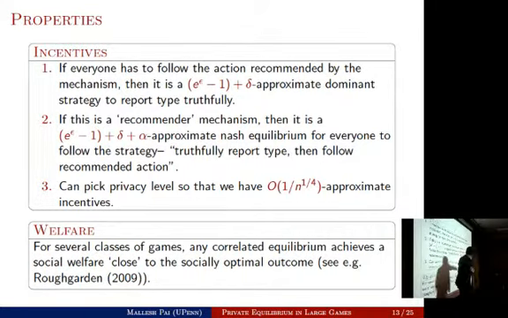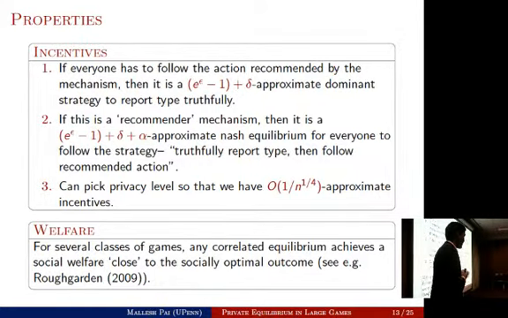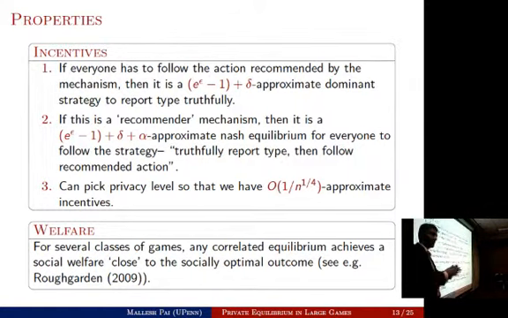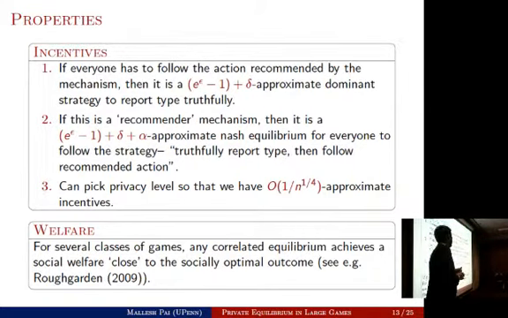So in particular, we can show that you can optimally pick both the level of approximation in the correlated equilibrium and the level of privacy, so that you have order 1 over n to the 1/4 approximate incentives in terms of the game as a whole. So it's an order 1 over n to the 1/4 ex post Nash for you to first truthfully report your type and then follow your suggested action.